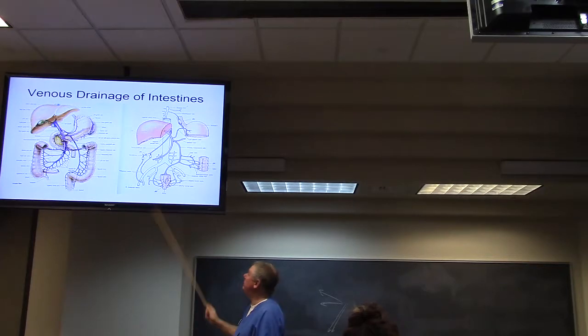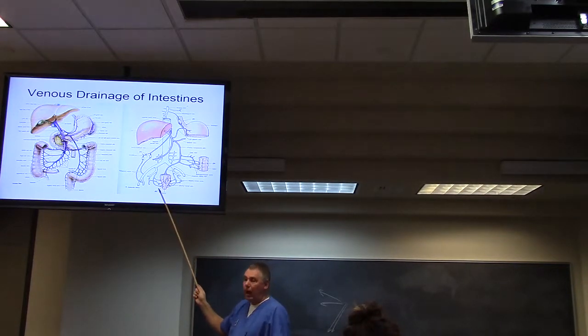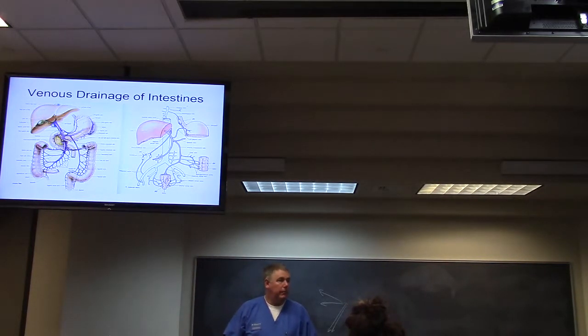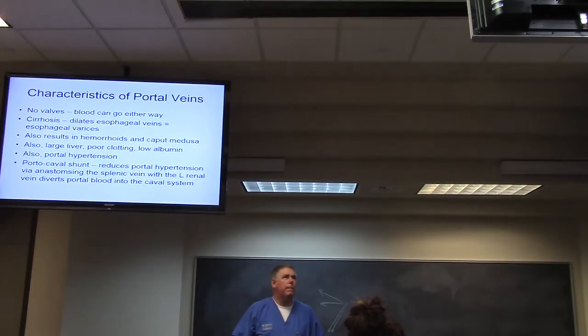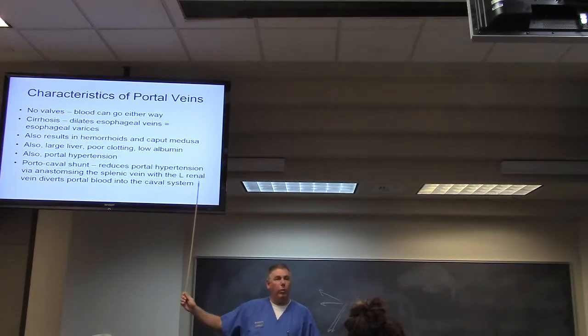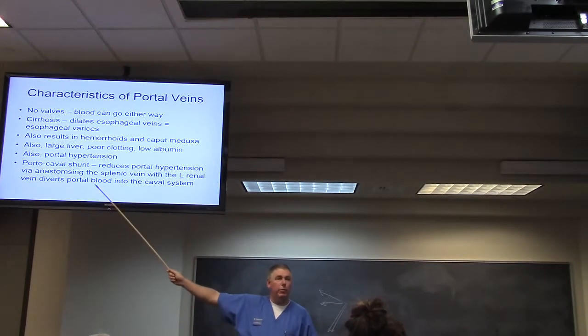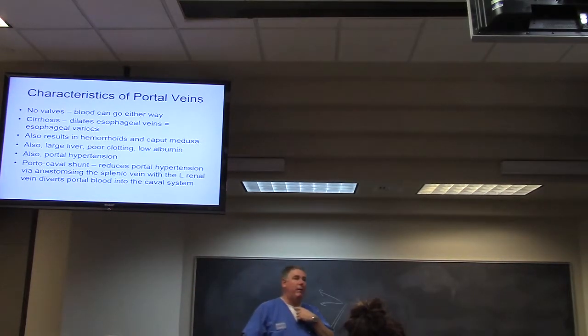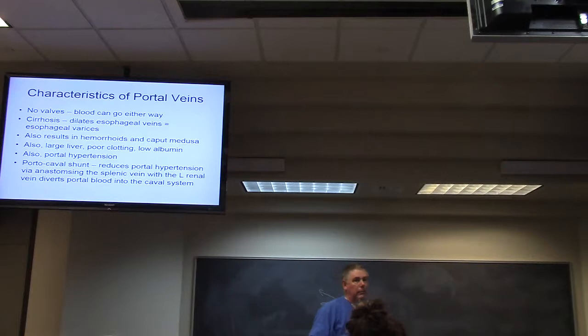This produces varicosities at each of those locations. Big, fat, ugly, dilated veins. That results in hemorrhoids, the caput medusae, and what are called esophageal varices. I'll show it to you later on.